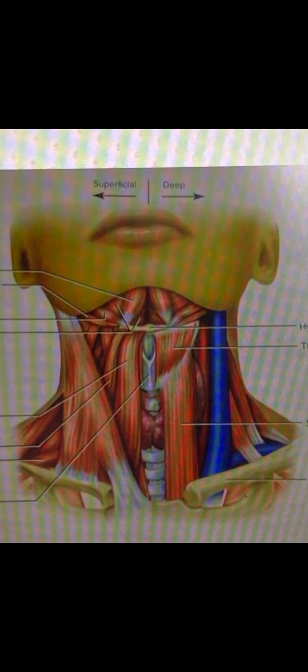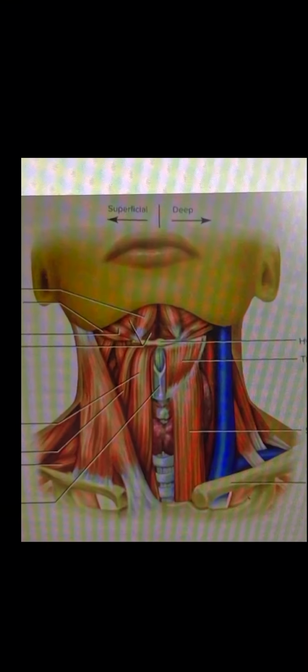Next, there is the anterior belly, which is in the digastric. The anterior belly is right there. And then the posterior belly is not directly right underneath it, but a few muscles down.